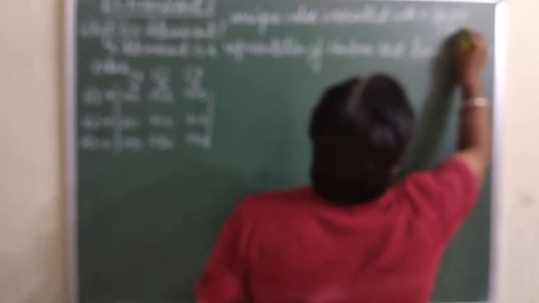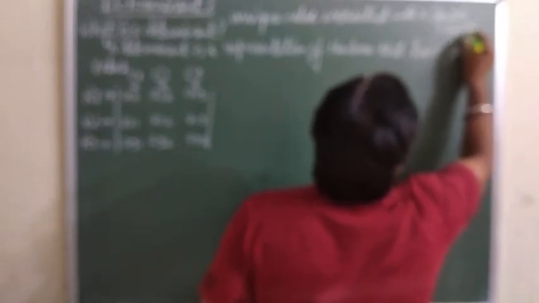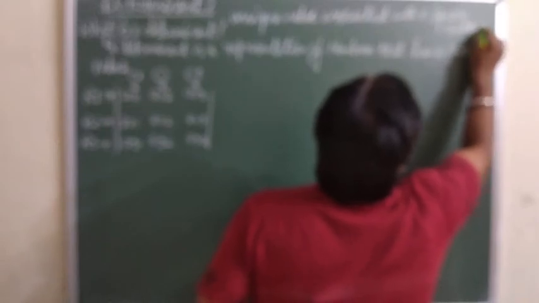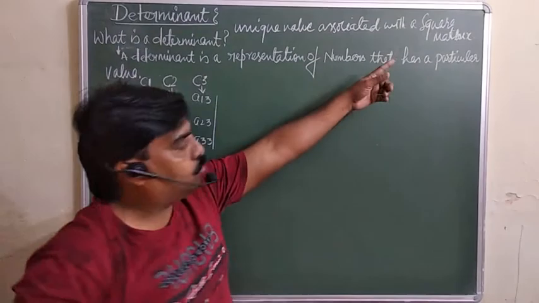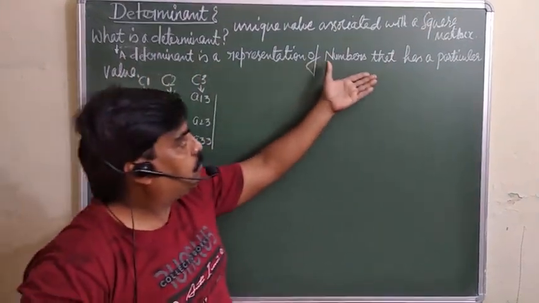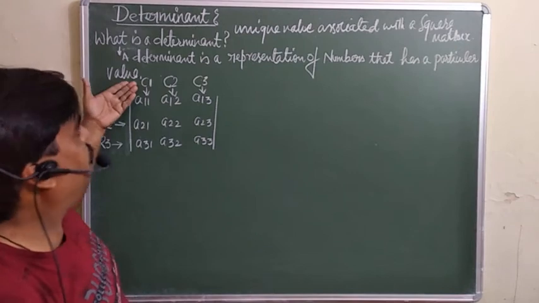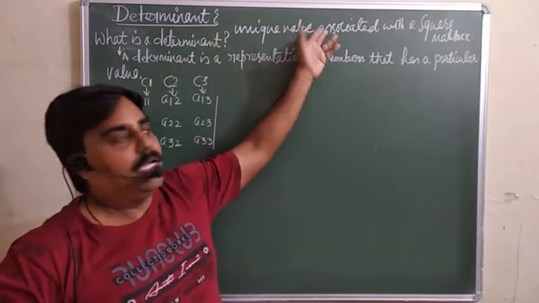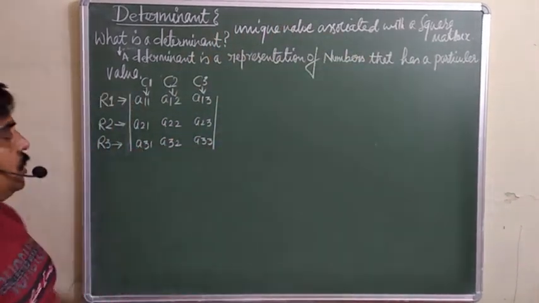It means we can take the determinant of any square matrix. So the determinant is a representation of a number that has a particular value, the unique value that is associated with the square matrix only.